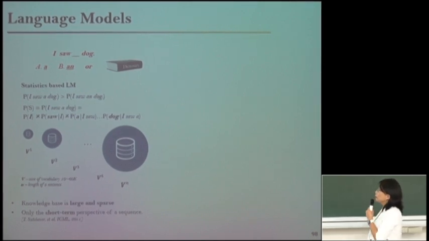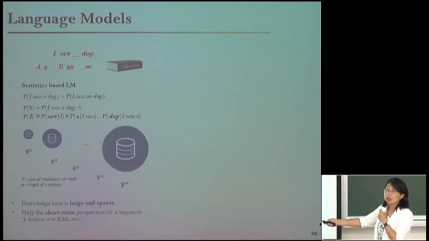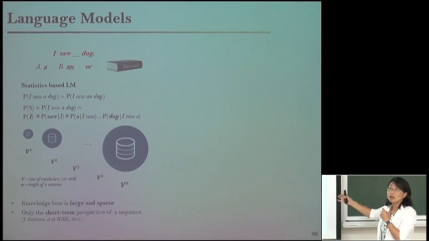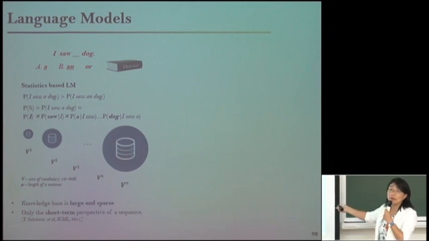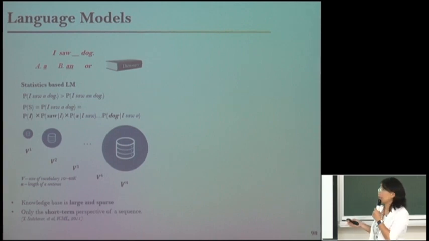For this statistics model, the expectation is starting with one set of vocabulary. At every step, we increase the complexity from V to V squared to V to the power of n. So if we try to develop deeper structures, the algorithm complexity itself will be pretty high.